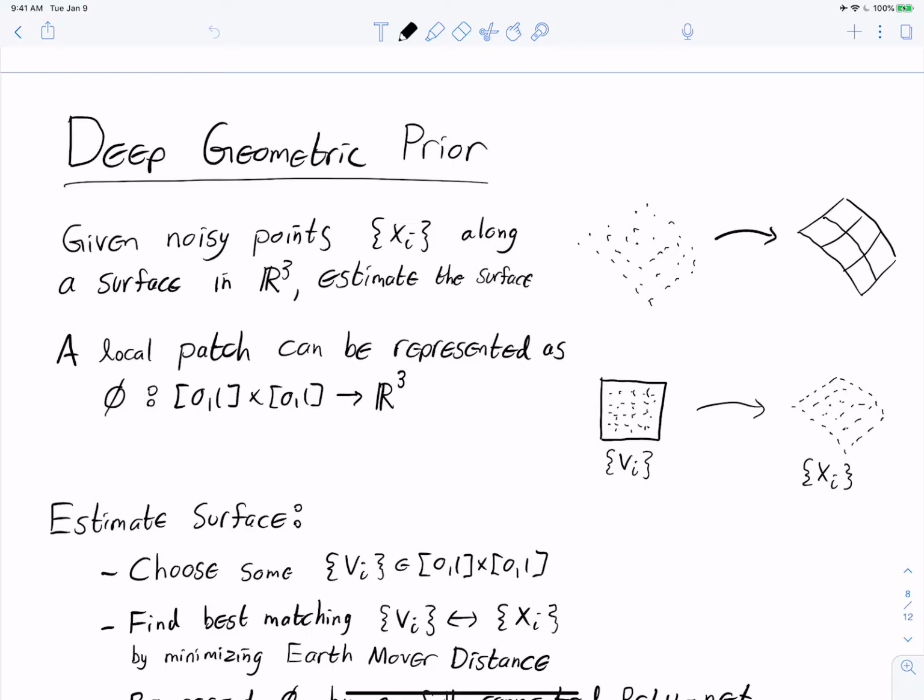Given a set of noisy points, which we'll call xi, all along some surface in 3D but noisy, the goal is to estimate the surface. Here's an example: a collection of points, and from those points we want to estimate the surface itself.